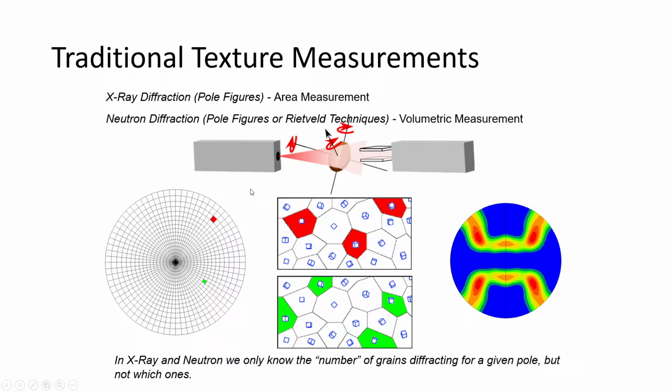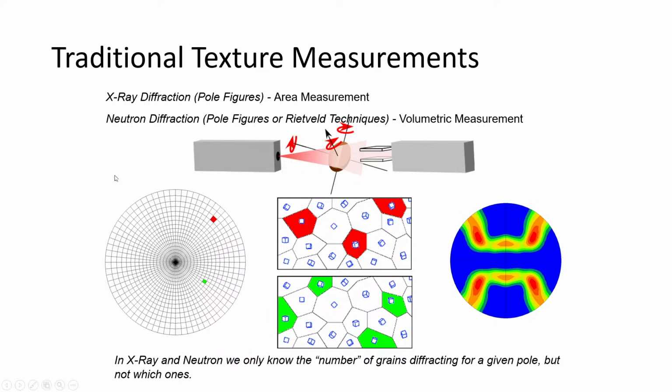All right, traditional measurement techniques, which other people are going to talk about, but just generally, if you set your incident radiation and your detector position at the Bragg angle, which I haven't defined yet, but set them at the Bragg angle, and then you rotate your specimen, you can find out the intensity of diffraction of the planes that cause that diffraction at that position.